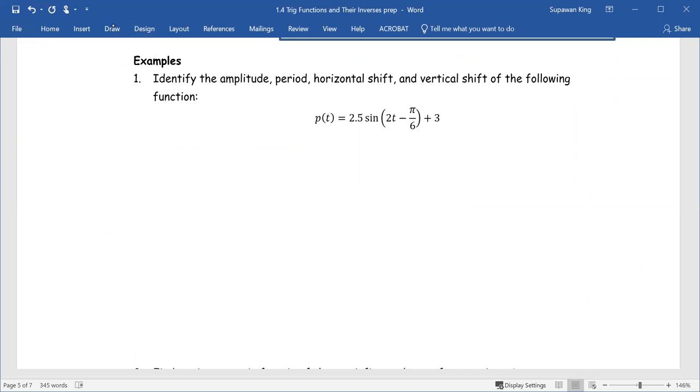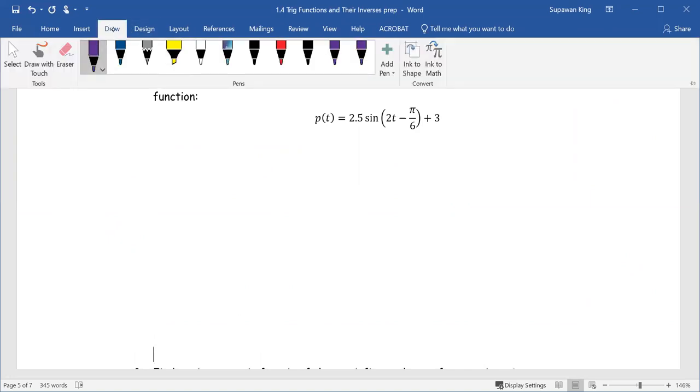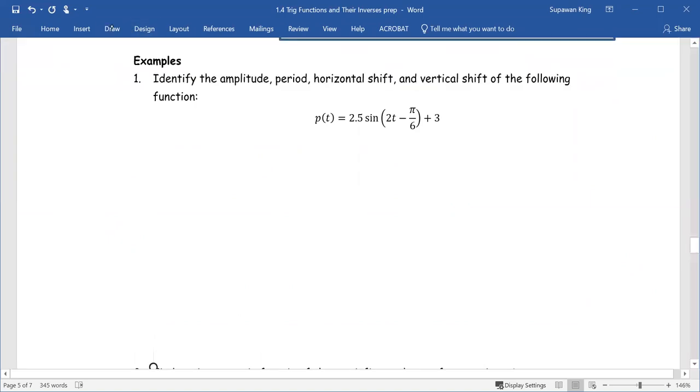Example 1. Identify the amplitude, period, horizontal shift, and the vertical shift of the following function. The function p of t equals 2.5 times sine of 2t minus pi over 6, plus 3.